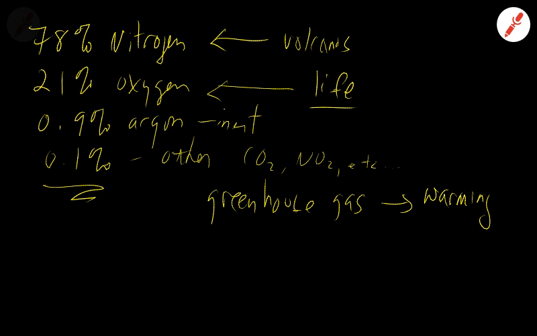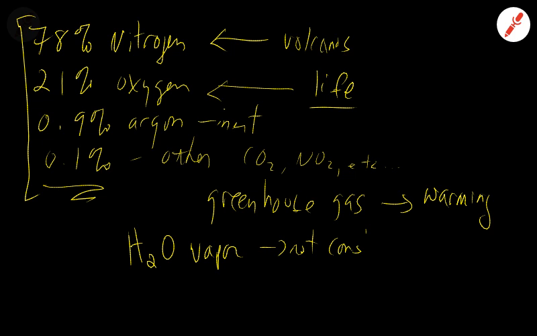In all of this, I have omitted perhaps the most important greenhouse gas, and one of the more important gases in the atmosphere, and that is water vapor. And that is very critical for all of the weather. Now, the reason why it's not often listed when they list off the constituents of the atmosphere is that it's not constant.